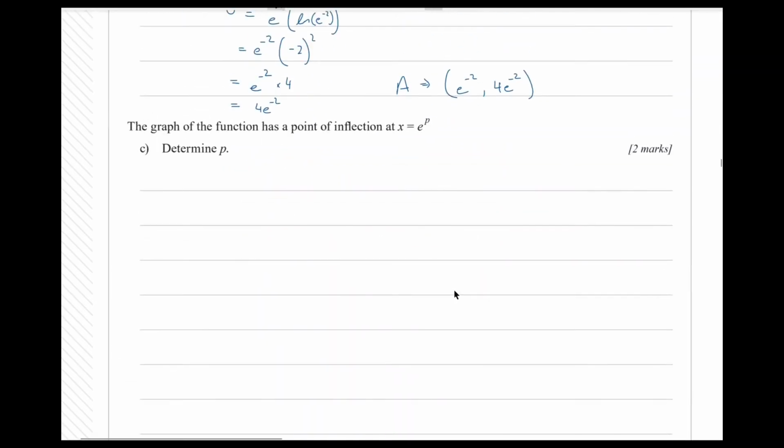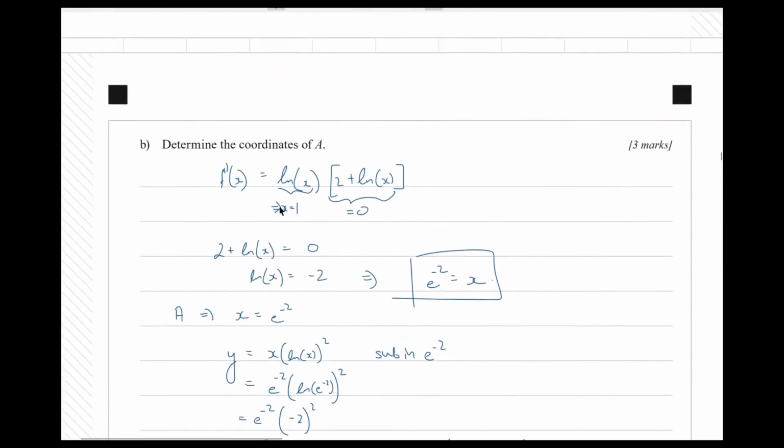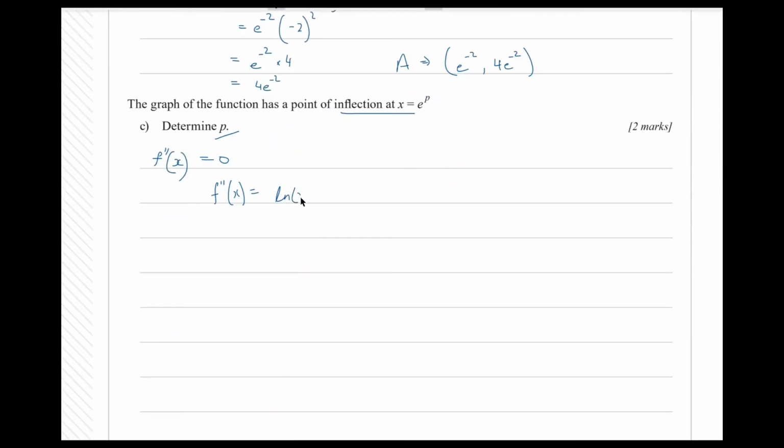The graph of the function has a point of inflection at x equals e to the power of p. Determine p. So remember, point of inflection means that the second derivative of x at that point will equal 0. So if we derive our first derivative, that's going to be the derivative of ln x times 2 plus ln x.